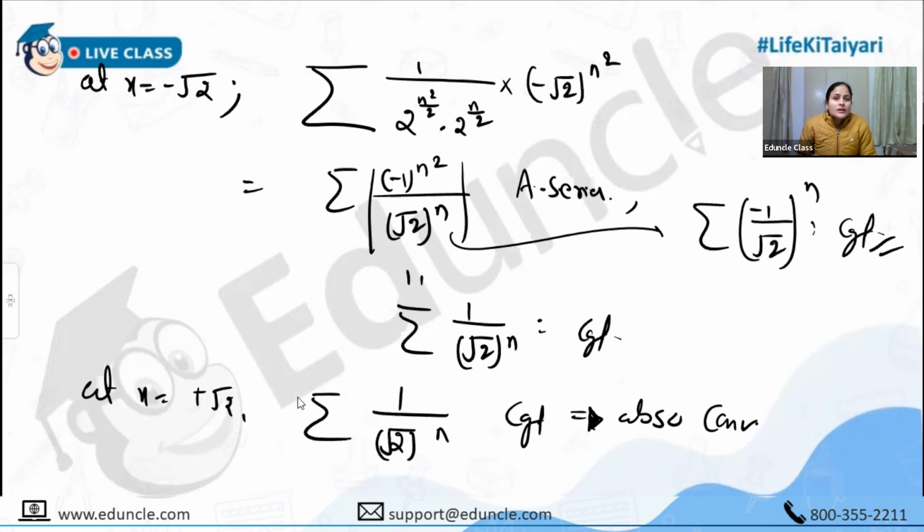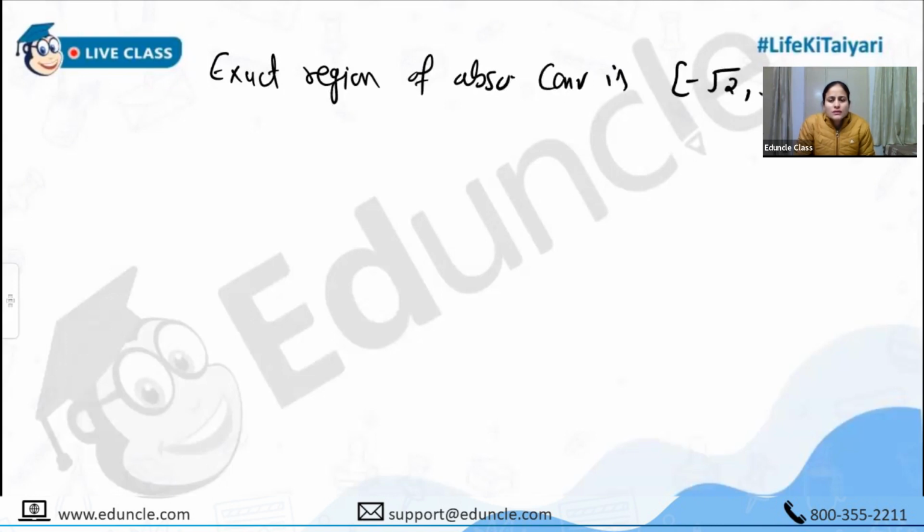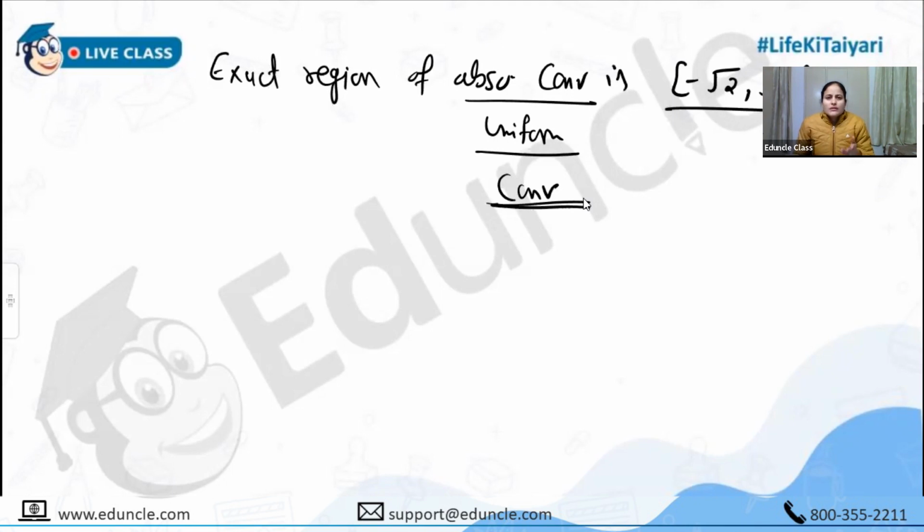So the thing is, here we are getting the exact region of absolute convergence as the closed interval minus root 2 to plus root 2, and that is going to be the same as the exact region of uniform convergence, and no doubt the exact region of convergence, because for a power series the region of absolute convergence and convergence are going to be the same except at the boundary points.